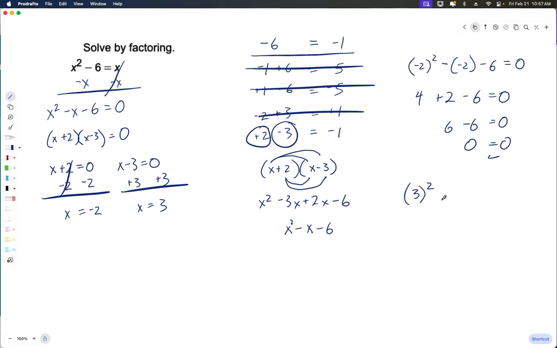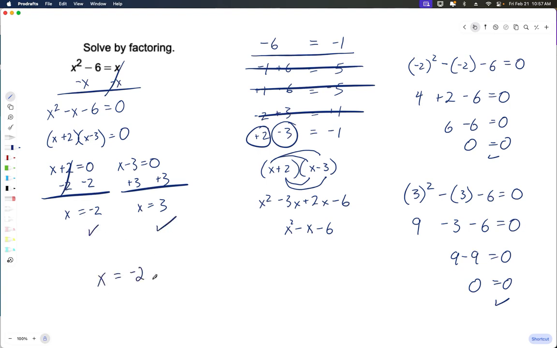So 3 squared minus 3 minus 6 is equal to 0. 3 squared is 9. Minus 3 minus 6. Negative 3 and negative 6 added together, that's 9 minus 9, which is 0. That is correct. So this one is correct, and this one is correct. So x is equal to negative 2 or positive 3.